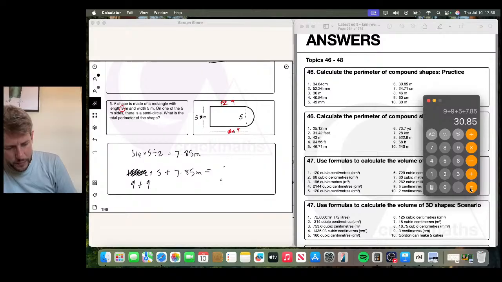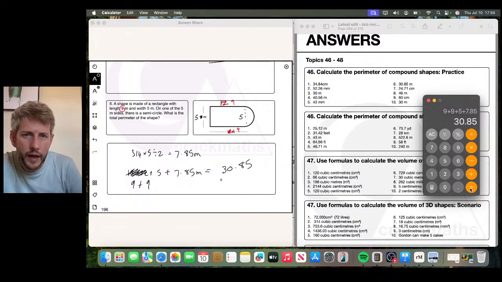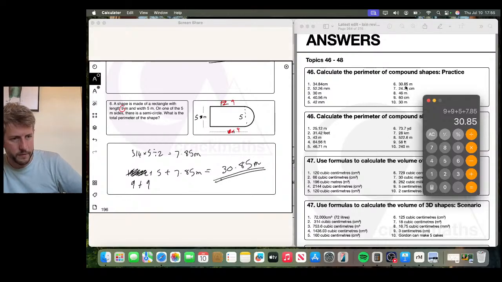And that is 30.85 meters. Okay, and is that what we've got here? 30.85 meters. Right, let's have a look at the next one.